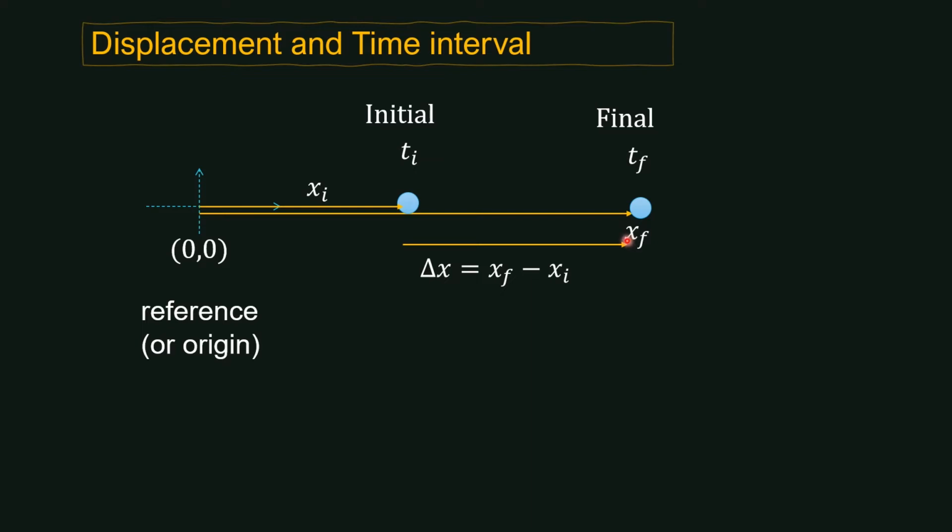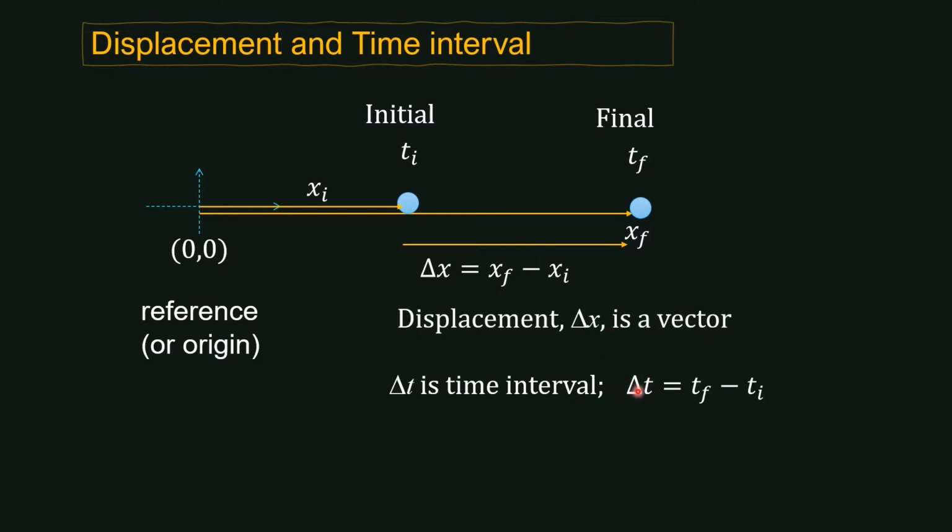The delta always means final minus initial. Therefore, delta x is final position minus initial position. More specifically, delta x is displacement towards the chosen x direction from initial position to the final position.